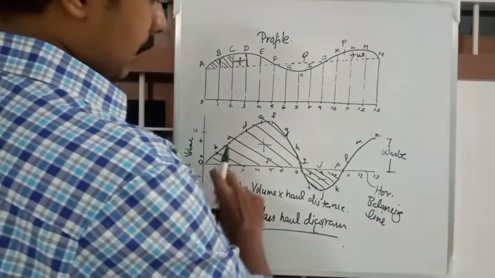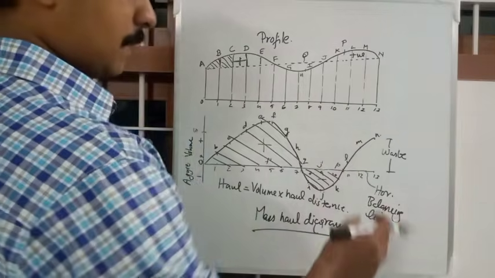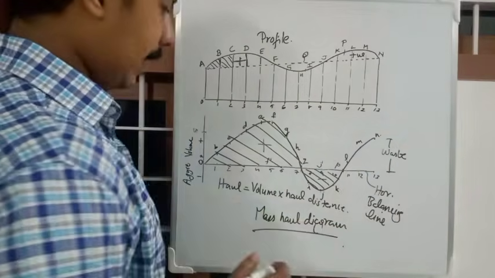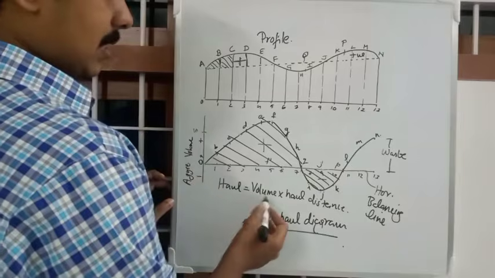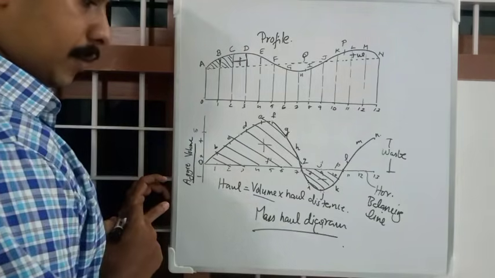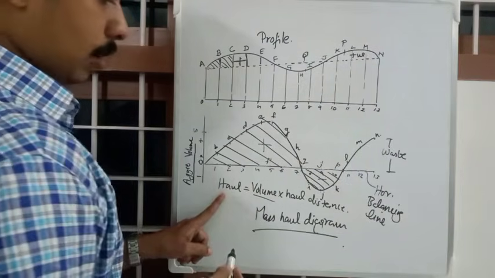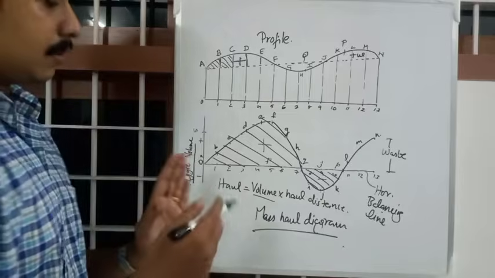As we know, this x-axis is distance, horizontal distance, forward going distance till N. The vertical axis is aggregated volume. So area of this curve will give you haul.